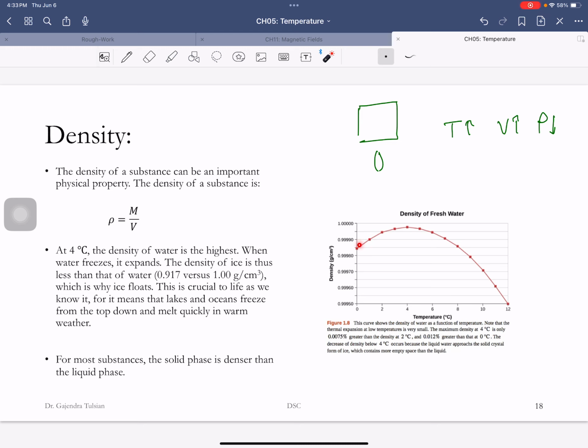So in this small window, water is behaving unusually. The density change is very small, but nevertheless, the density is increased. And this is important. In fact, what this leads to is, if you try and freeze a lake, it turns out that, all right, let's quickly do this.